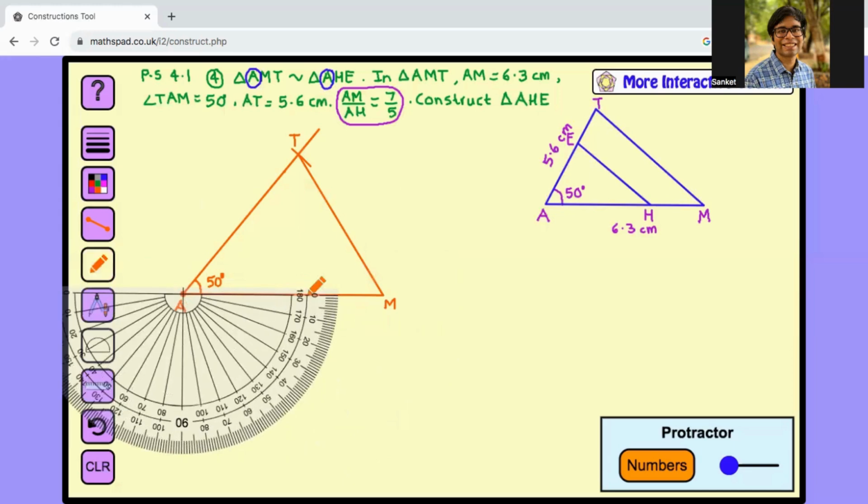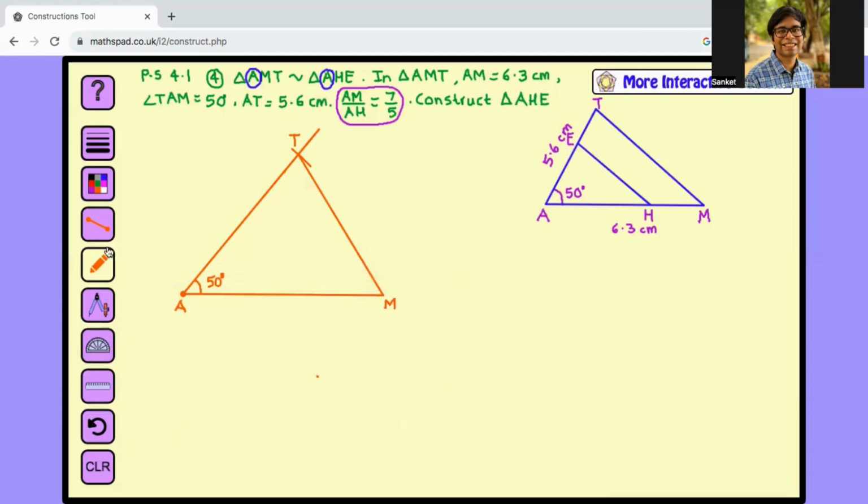So starting from 0, 10, 20, 30, make a point here. Keep my protractor away. I'm going to join A with this point.